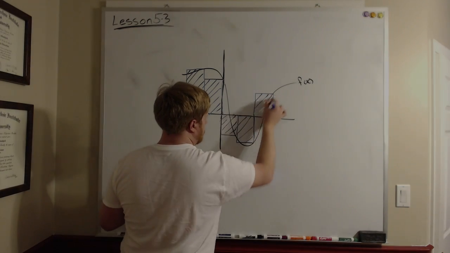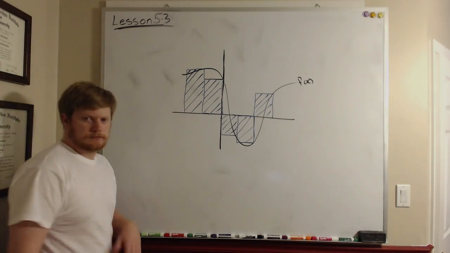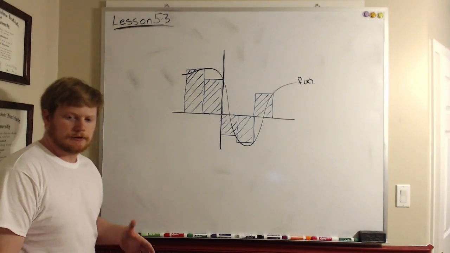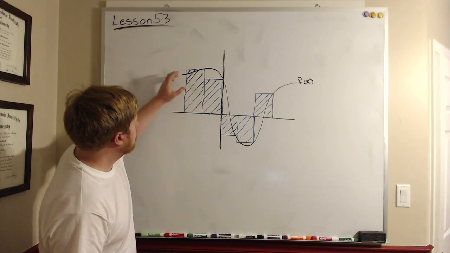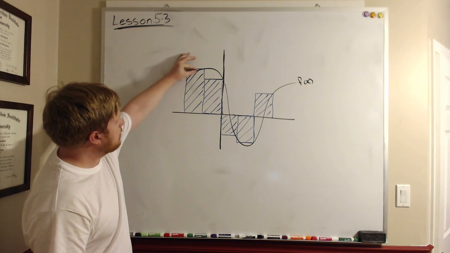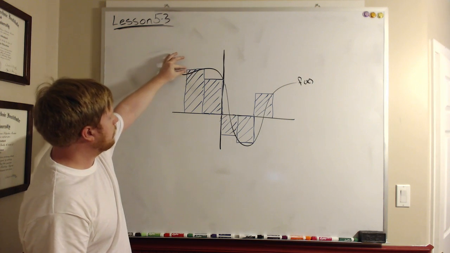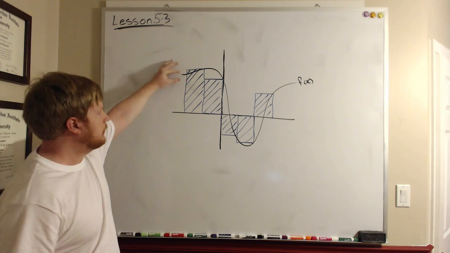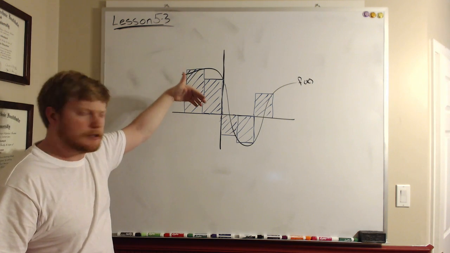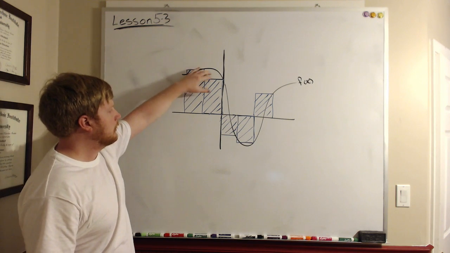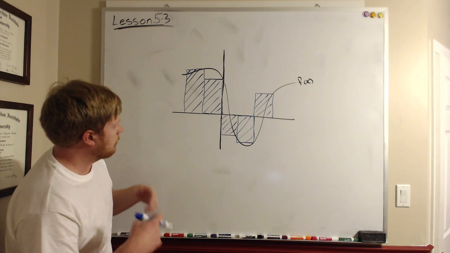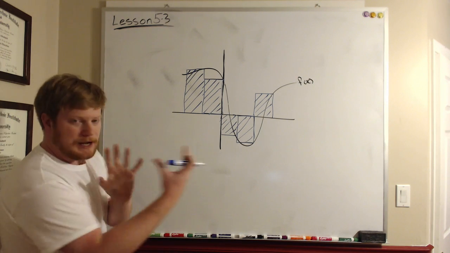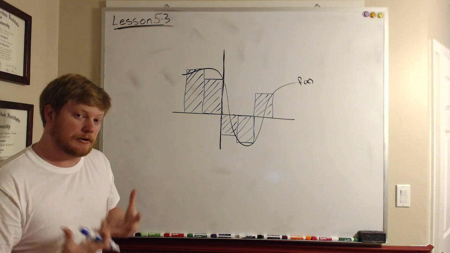Now, there's a lot of error here. For instance, here, there's a little tiny piece of area that I'm going to calculate that's outside of the graph. It's not underneath the graph. It's not exactly where I wanted it, but maybe it gets taken into account where all the other error happens. Now, how can I make this estimation better?